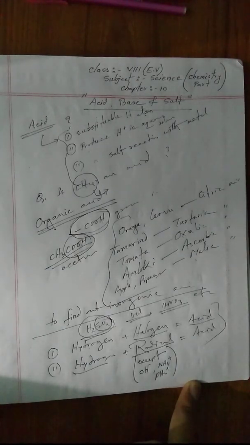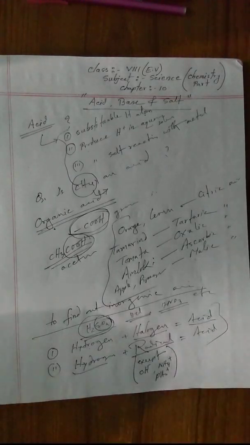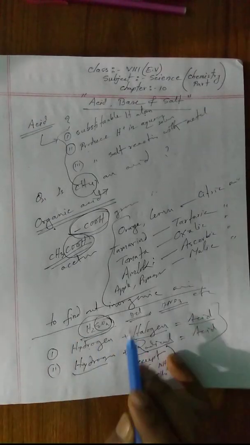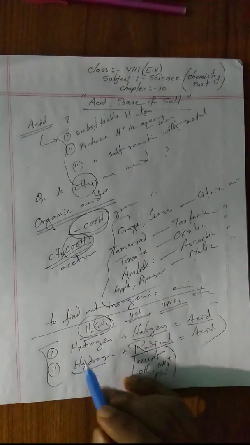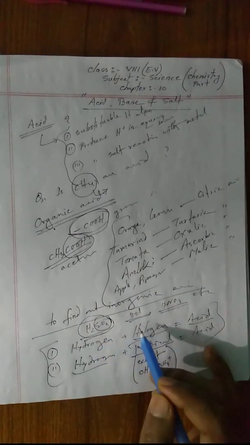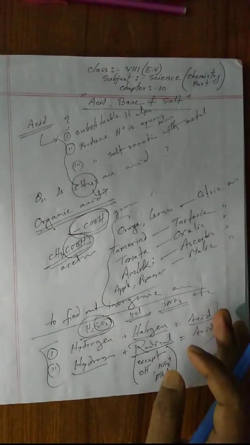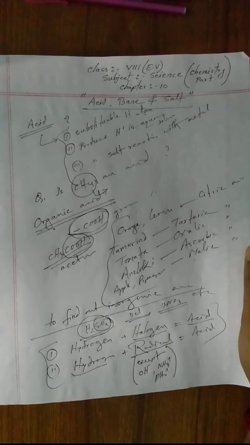Without it, it will be very difficult to understand the formula and to find out acid, base and anything else. So we have to apply these two rules to find out an acid. I think all of you have understood this, and this is very important.